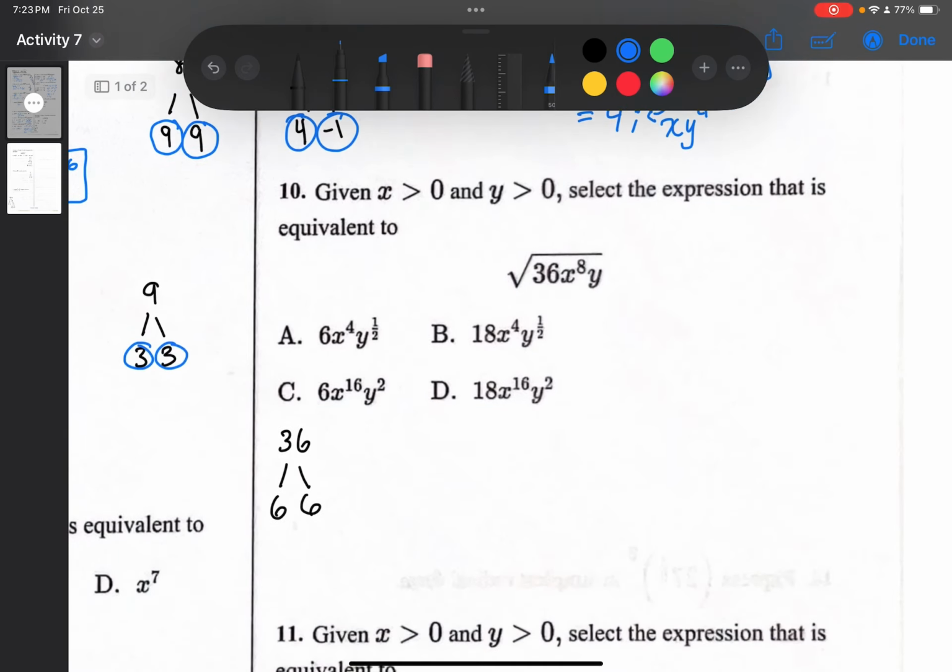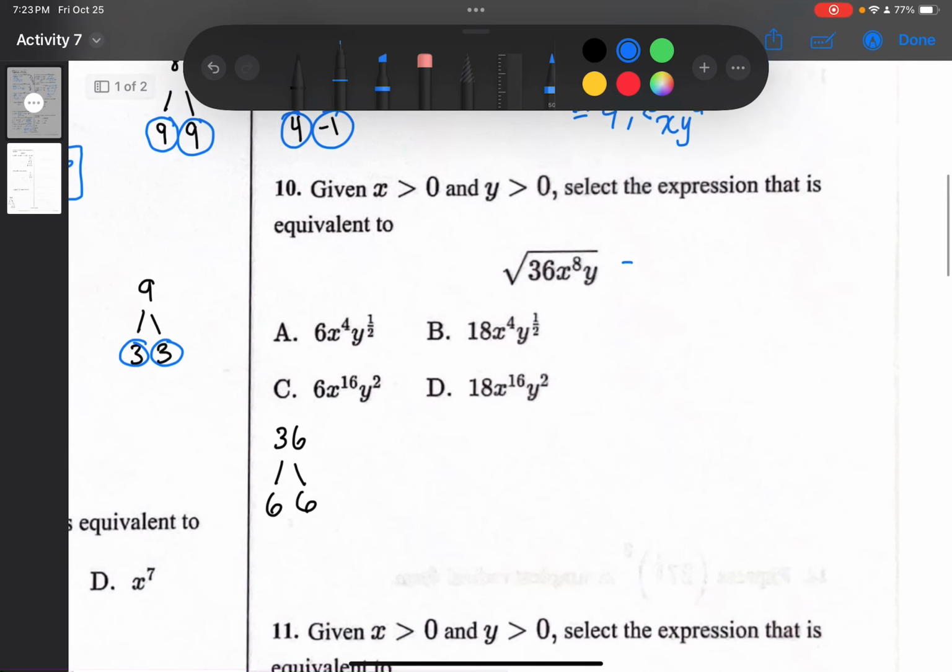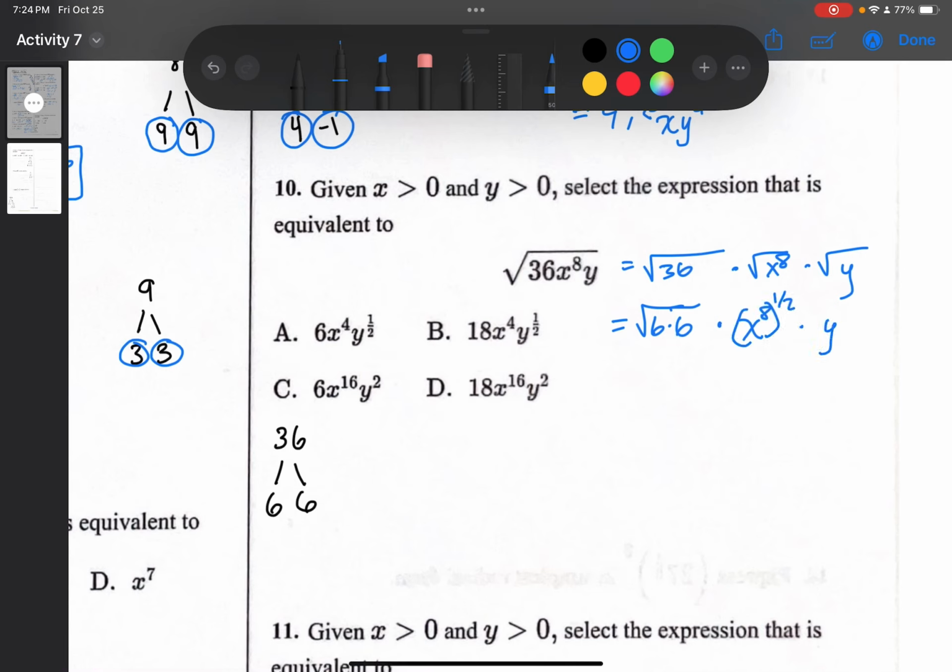All right, for number 10, 30, we're going to just separate it. That's just what I do. Sometimes it's clearer to see what you are separating. And 36 can be turned into 6 times 6. This is the same as, we remember, to the half, right?